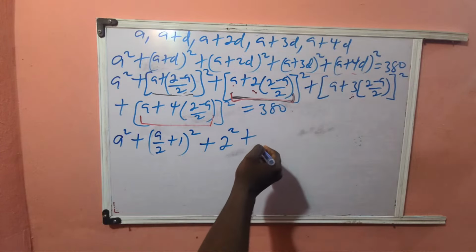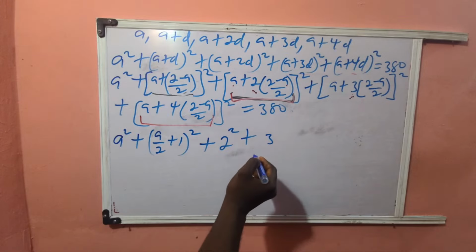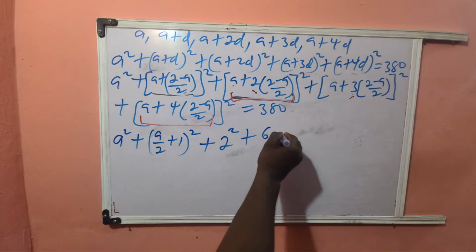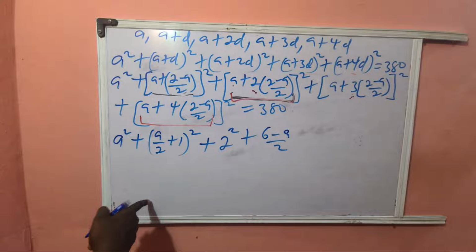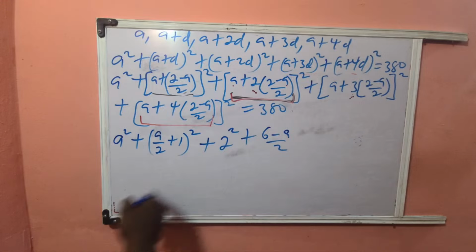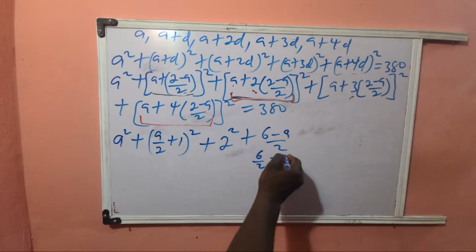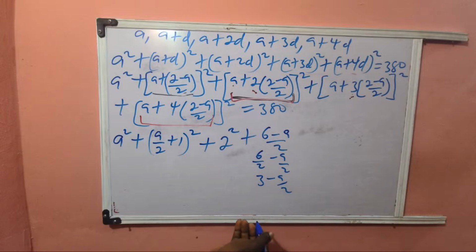Plus, what I actually got here was 6 minus a over 2. That was what I got, which I wrote here. But I can go on to solve this because this is 6 over 2 minus a over 2, so I'm not wrong if I write 3 minus a over 2.